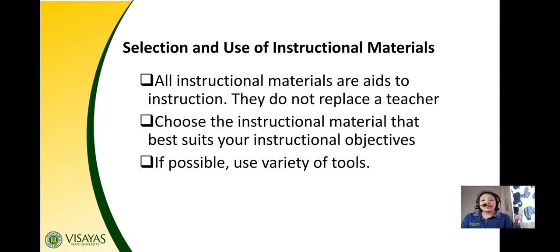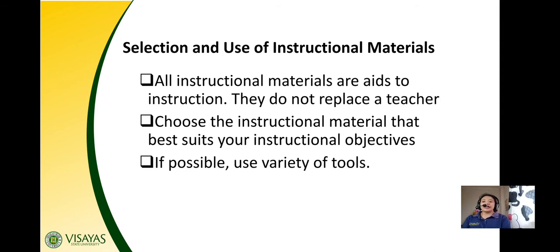Second, choose the instructional material that best suits your instructional objective. Sabi ko nga, it should be appropriate with our instructional objective. Hindi pwede, class, na we consider na, ito gagamitin kong IMs kasi ang ganda niyang tignan. Hindi ganon. It should be aligned with our instructional objective.